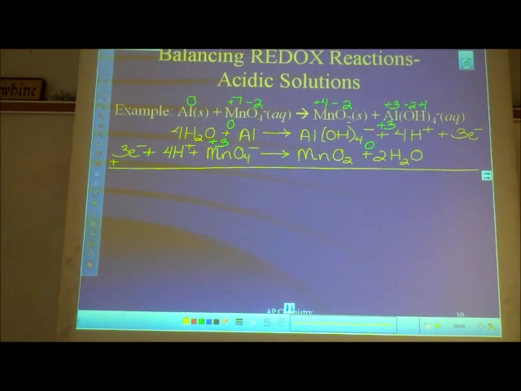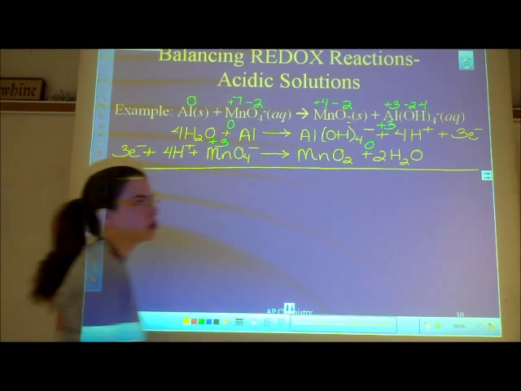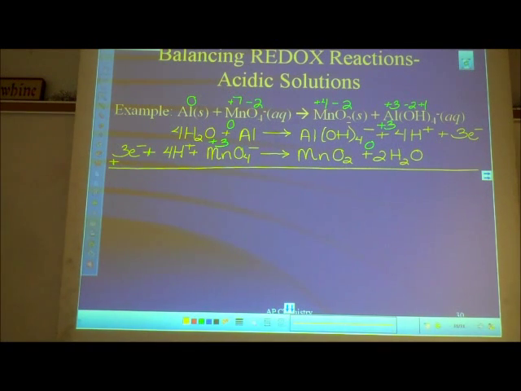Remember we talked about this a little bit before. We're going to be adding these together to make one big reaction, and anything that's identical on opposite sides, you can cancel out. So what do you see that I can get rid of?